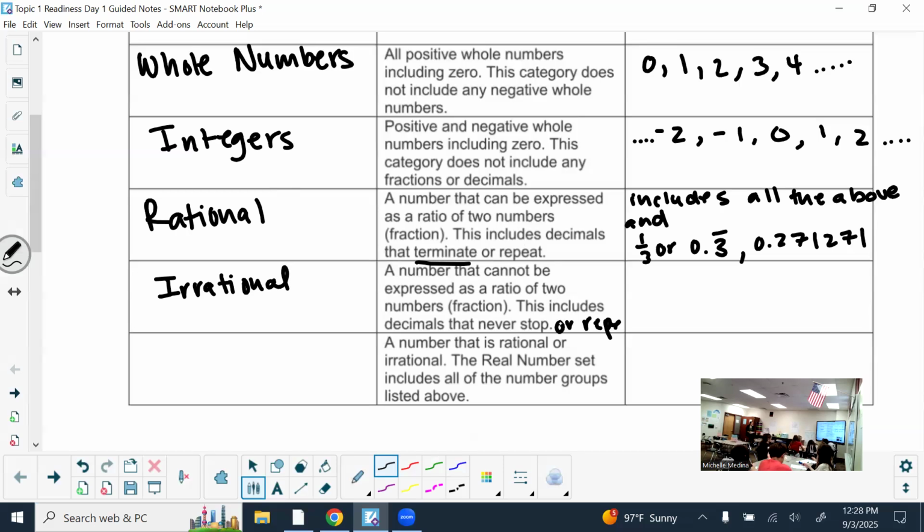If it's a decimal that repeats, then we would call it rational. So pi would fit into this. And then any non-perfect square root would also fit into this. So like if I did the square root of 35.